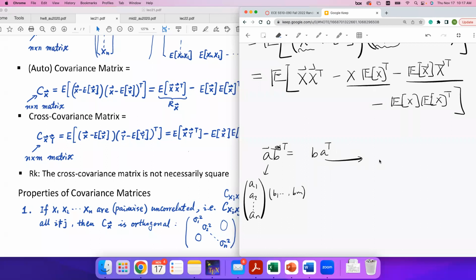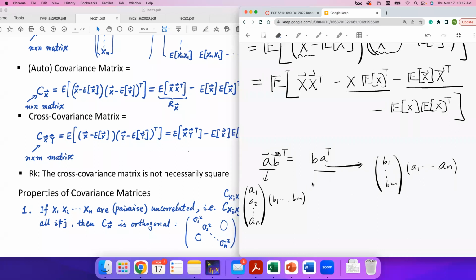But this one is B1 to BM times A1 to AN. Comparing their first row, the first row here is A1 times B1, up to A1 times BM. So everything has A1. But here it is B1 times A1, up to B1 times AN. Everything has B1, right? So they are different.